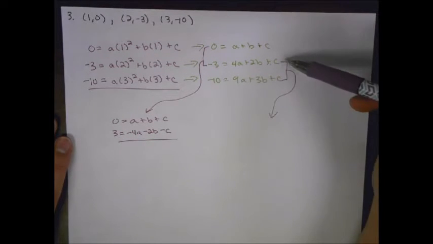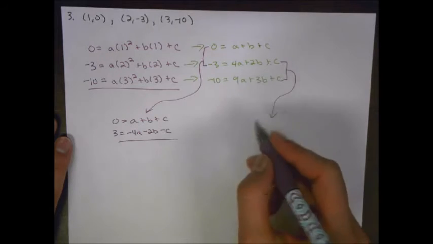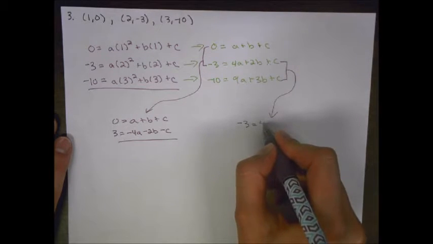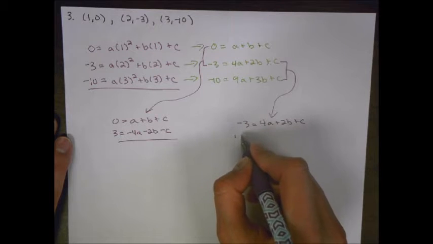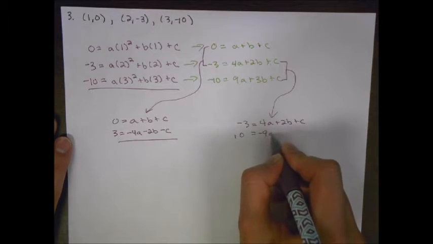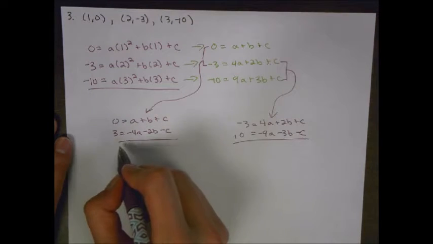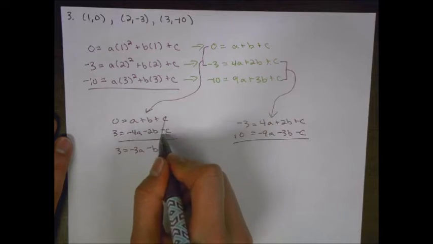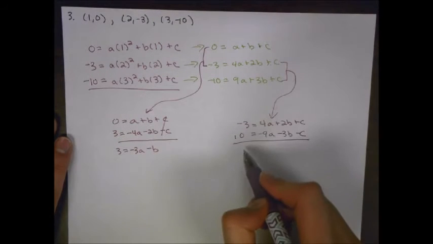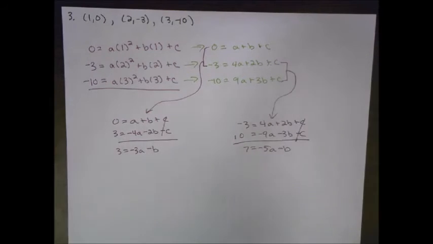For the second chunk, again, they're both positive, so I'm going to flip the signs on the bottom one. Positive 10, negative 9a, negative 3b, minus c. So I have 3 equals negative 3a minus b, c's cross out. 7 equals negative 5a minus b, c's cross out.